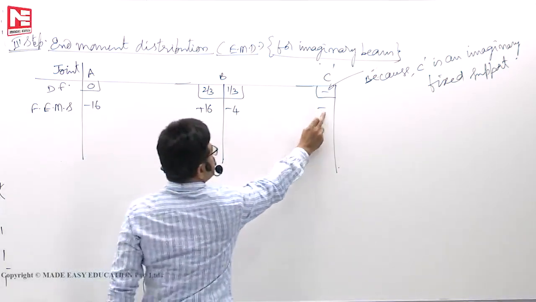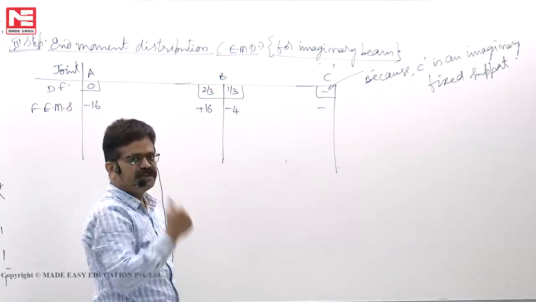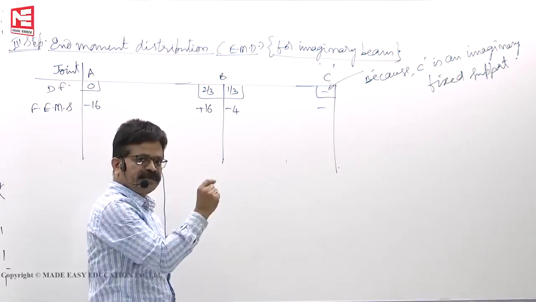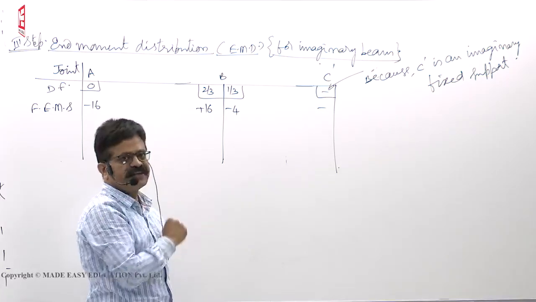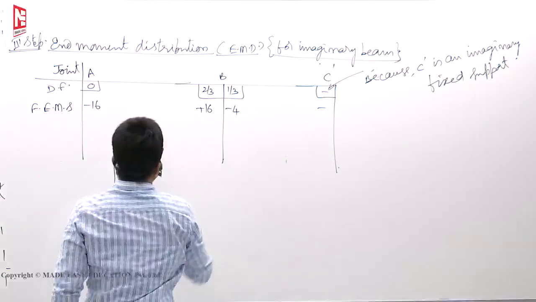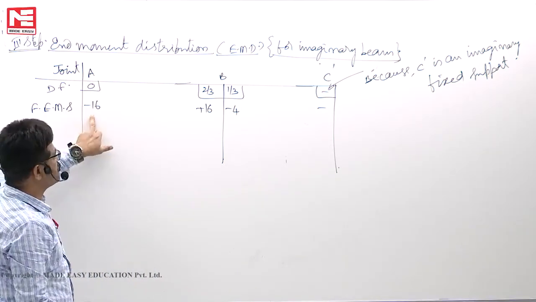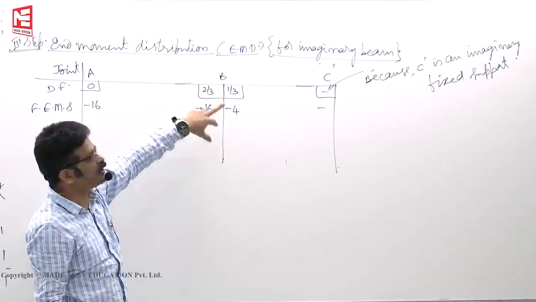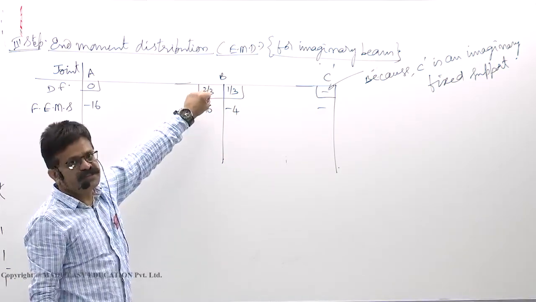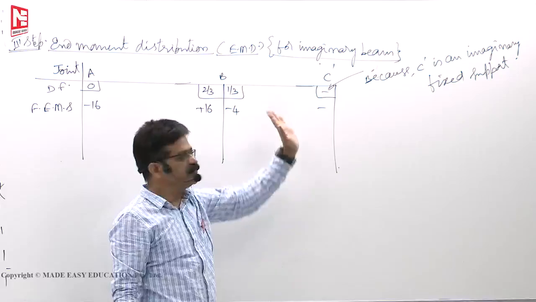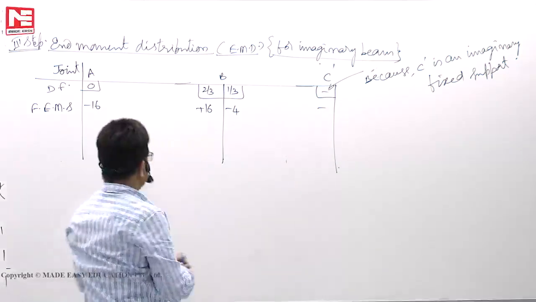So no fixed end moments should be written here because that is only an imaginary support. At that imaginary support, fixed end moment also is not there. Now to fix the imaginary frame, at A minus 16 is required here. Plus 12 is required to fix the joint B. Nothing is there ahead because we don't do anything there.